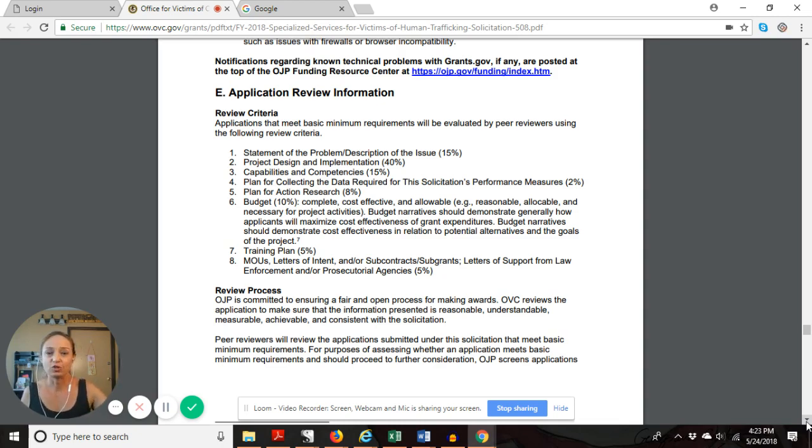If you can't even follow the directions, your grant's out. And then they go through the rest and make sure that you're eligible and everything else. And then it goes into a panel where you have different reviewers sitting on a panel, and you have a chair, and then you even have a chair of that chair just to make sure everything's transparent. And they score it based on this criteria right here. This is how you get your scores.